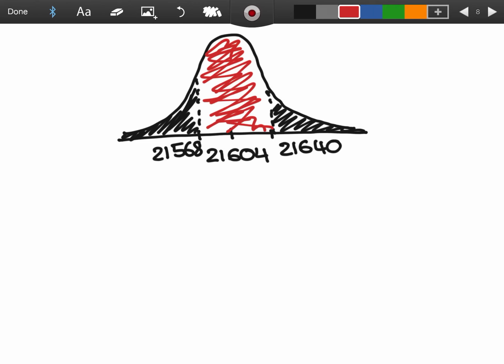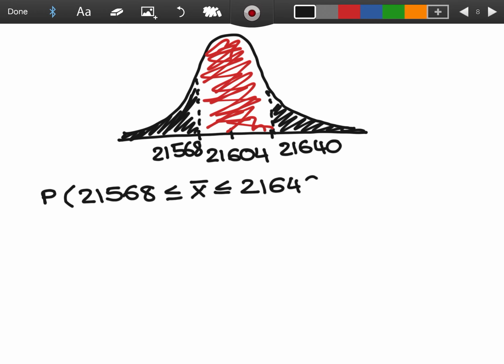Okay, and I'm going to look at the area here. Then if I do 1 minus that probability, I'll get the probability that it differs by more than $36. Okay, so first of all, I'm going to find the probability that the sample mean actually lands between these two values so that it differs by at most $36 from what that population mean was.